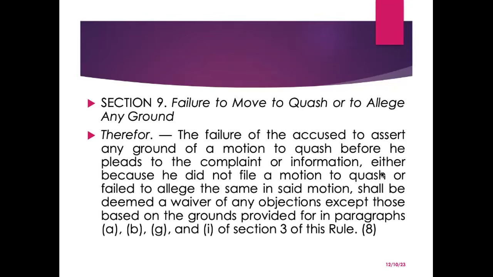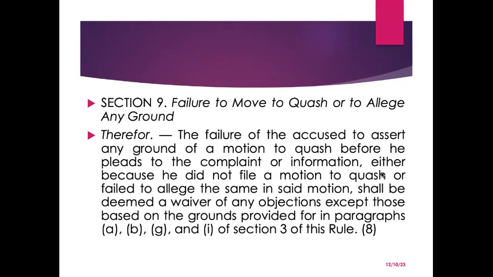Okay? But remember that a motion to quash not based on any of the grounds provided for in Section 3 shall be deemed a prohibited motion under the revised guidelines for continuous trial of criminal cases. And to be deemed meritorious, the motion to quash must be based only on grounds mentioned in Rule 117, like, for example, katong atong gisulti kanina nga the facts charged would not constitute an offense, lack of jurisdiction, extinction of criminal action or liability, or double jeopardy.